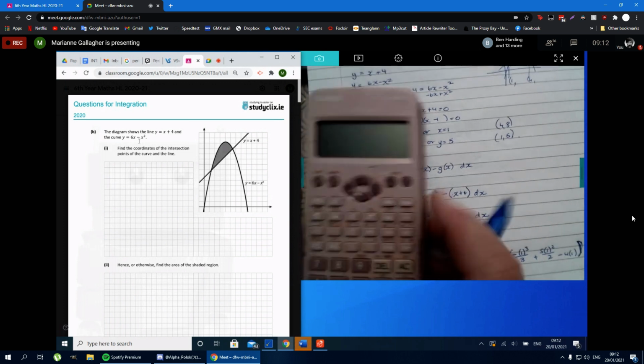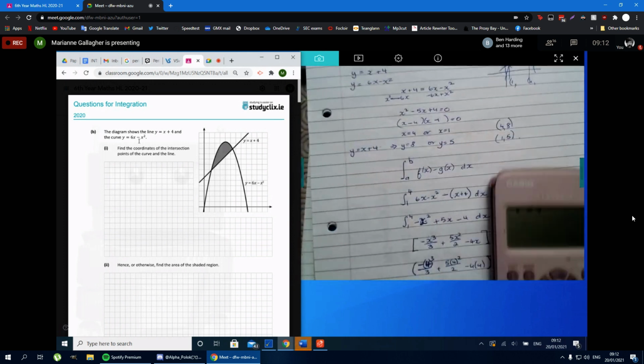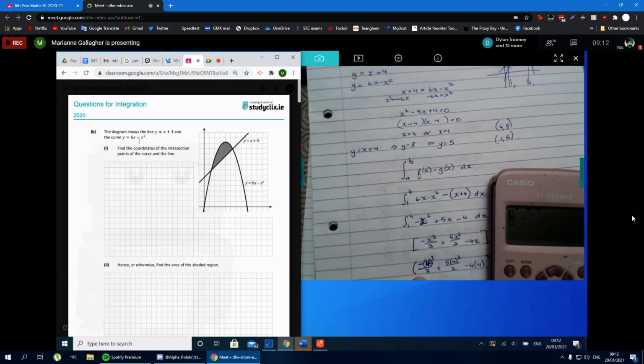When you take your calculator, you can put it in exactly as you've written it.